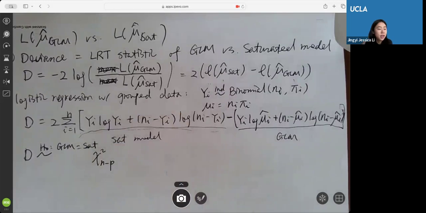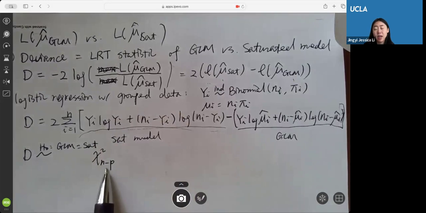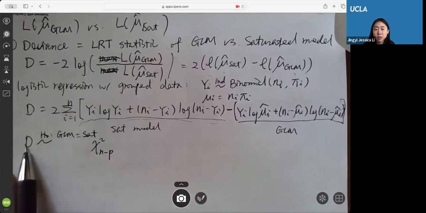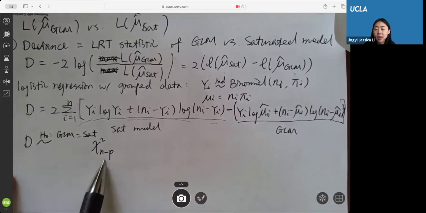Essentially, the bigger the difference in the two models' complexity, that means the simpler model is much simpler than the saturated model, so you will have a bigger n minus p. And that will give you a more spread out chi-square distribution, because we know for a chi-square distribution, its mean is just its degrees of freedom, n minus p. Its variance is 2 times the degrees of freedom.